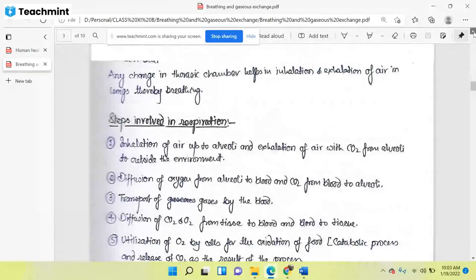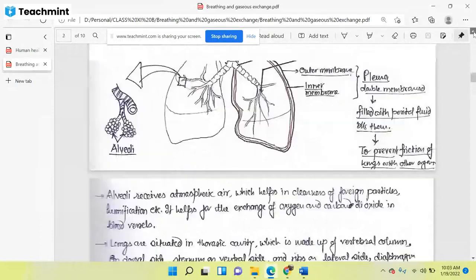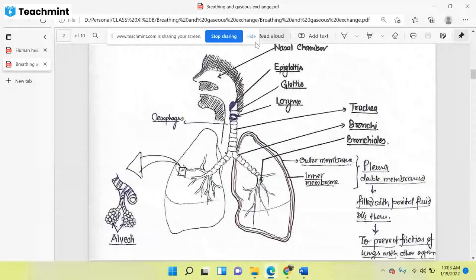So in the previous lecture, we have seen how air enters our lungs, and the different paths through which air enters our lungs.